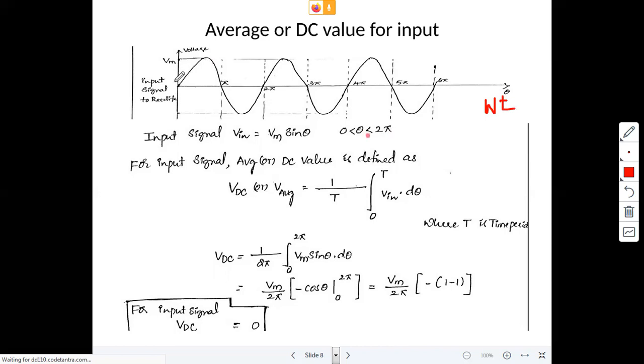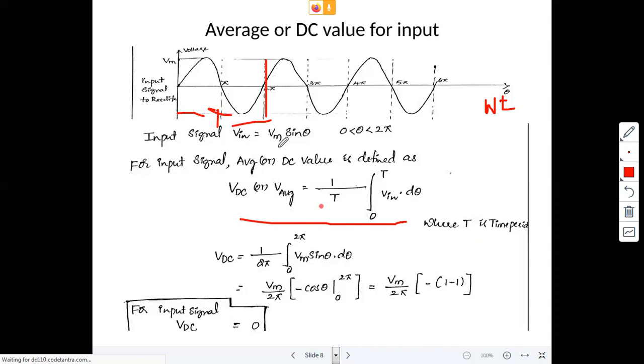Here, first of all, we calculate the average value or DC value of the input signal. For all rectifier circuits, the input is a sinusoidal input. What is the formula for the DC or average value? It is 1 by the total time period T, which consists of the positive cycle as well as the negative cycle: 1 by T, integral from 0 to T of Vin dt.